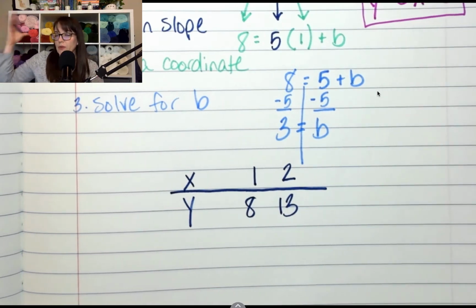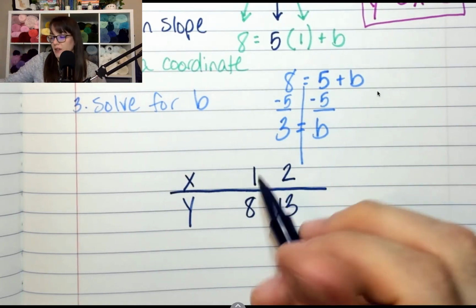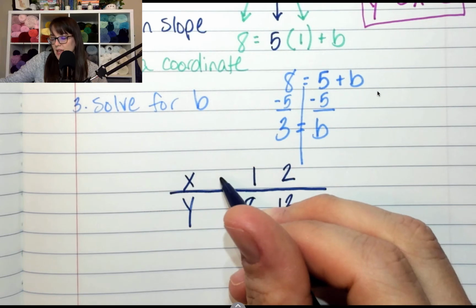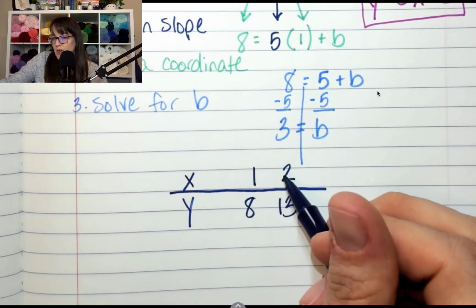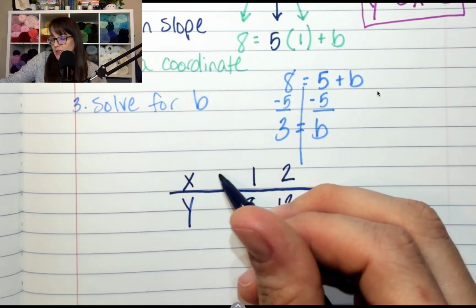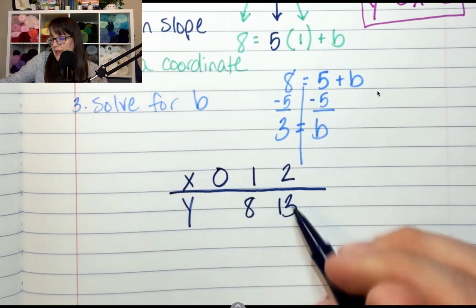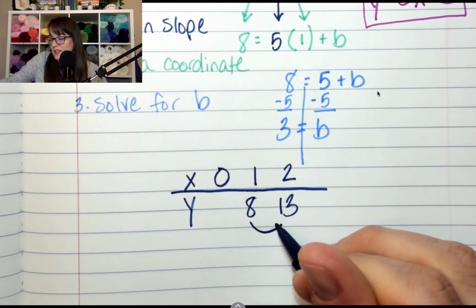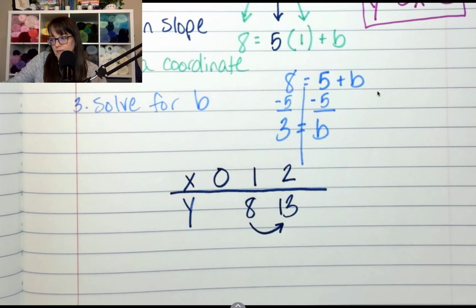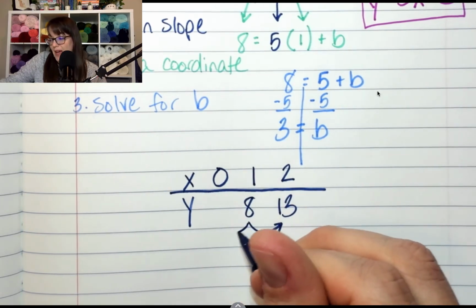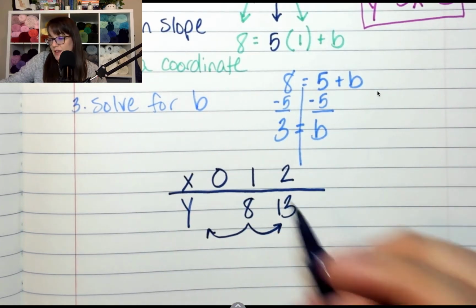Now remember when we used tables, we had to finish this pattern. So if I go backwards a step here, I'm going up 1. So if I go down 1, this would be 0. How much is 8 adding to get to 13? 5. So if I go backwards 5, I would have 3.